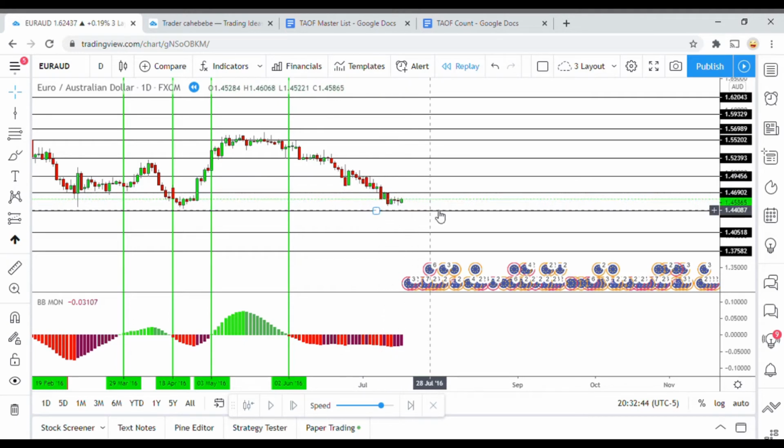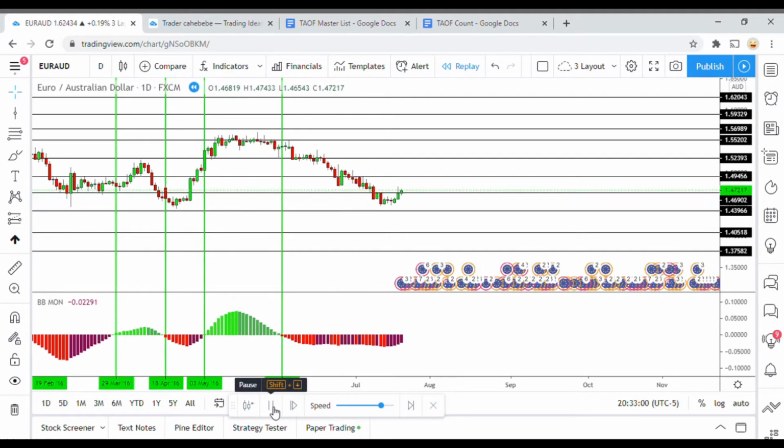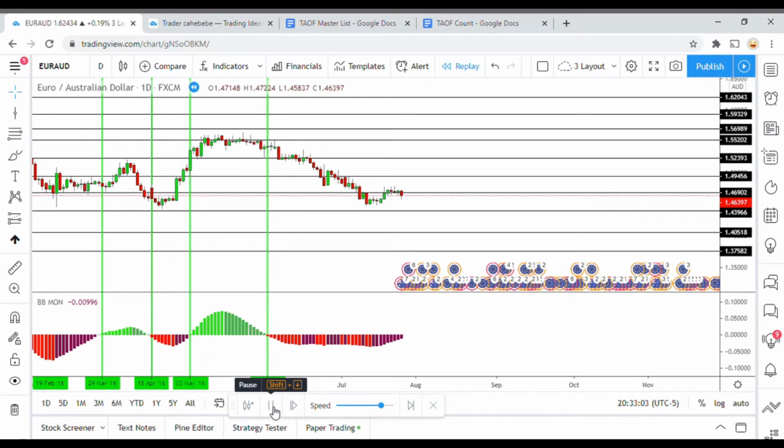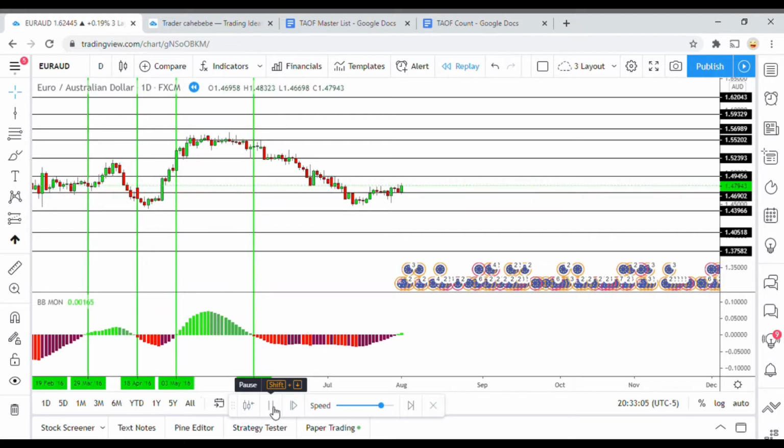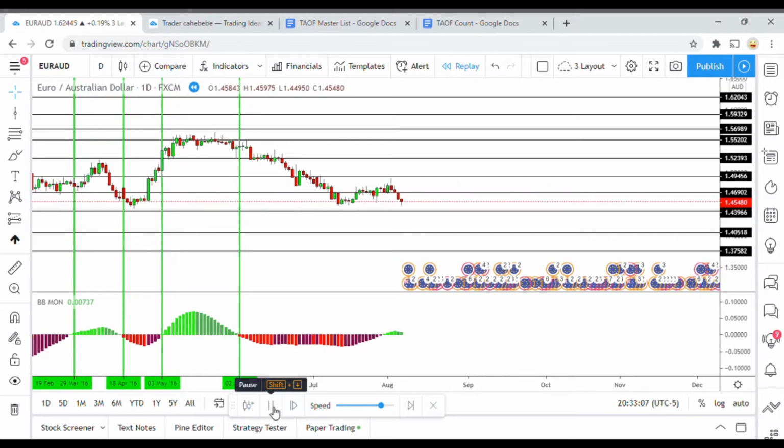You can see that it just slowly kind of trickled its way down here, and that can be problematic. Generally, you want a good, solid, clean move. It's not to say that it won't come down here and then start to retrace back up a little bit, but at this point, I would leave it alone.